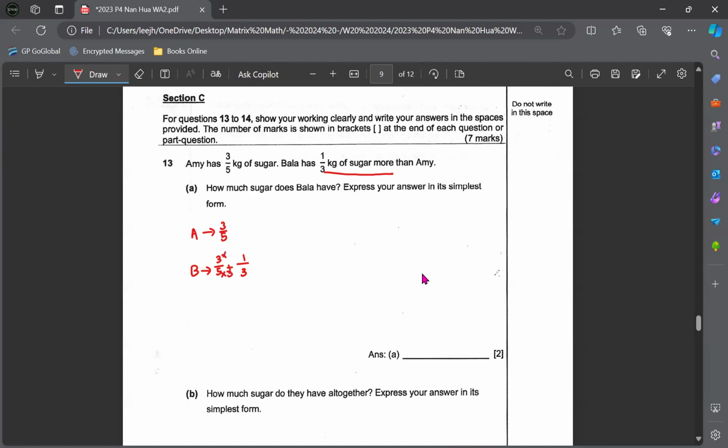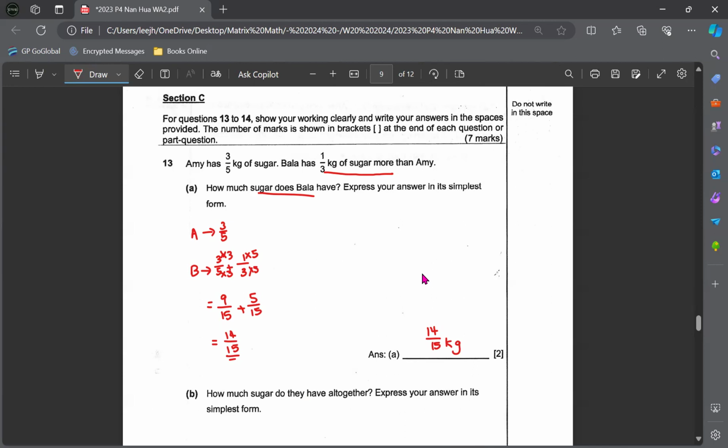Times 3 can change to 15. Okay, so this will be times 5. So it will be 9/15 plus 5/15 equals to 14/15. So they're asking for A, how much does Bala have? So the answer is just this, 14/15 kg. Definitely cannot simplify anymore.